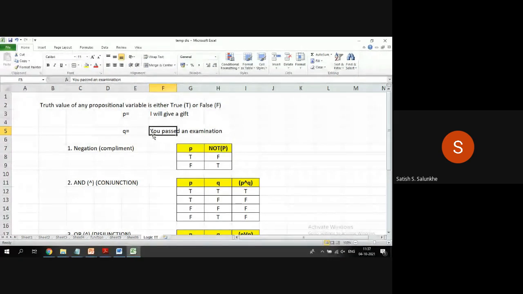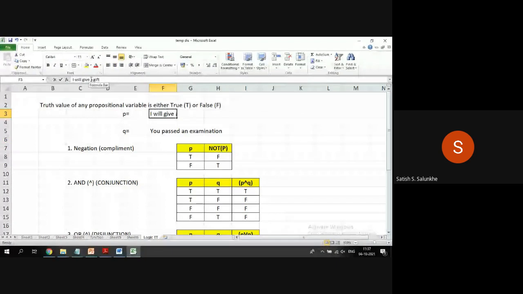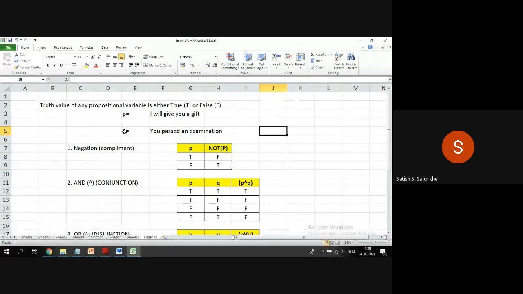There are two statements I have written here. One is "I will give you a gift", which I denote using propositional variable P. The other statement is "you passed an examination", which I have denoted by propositional variable Q.